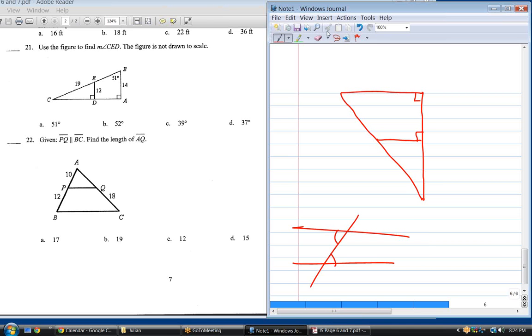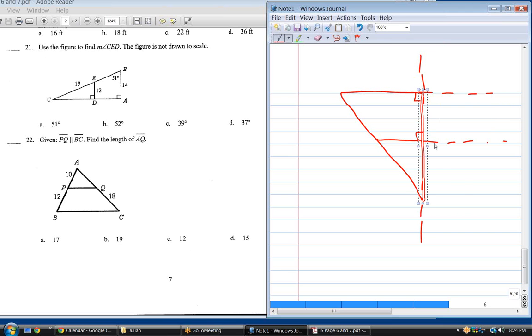Here are my parallel lines, here's my transversal. The fact that this angle is equal to this angle means this line has to be parallel to that line, only because these two angles are equal.